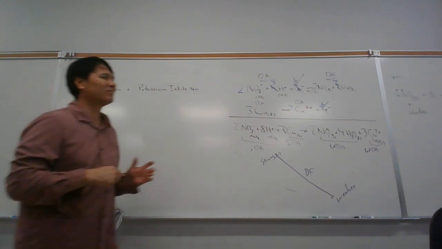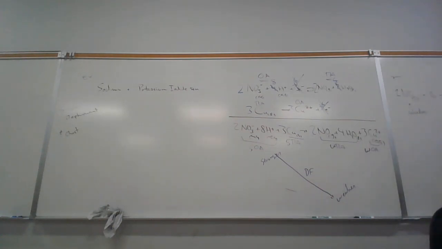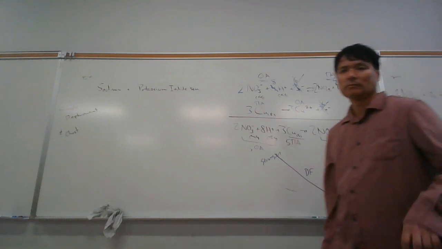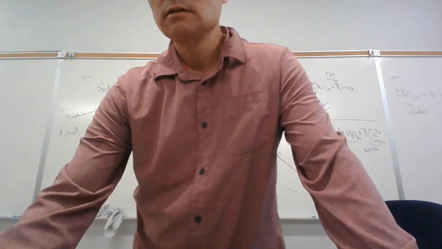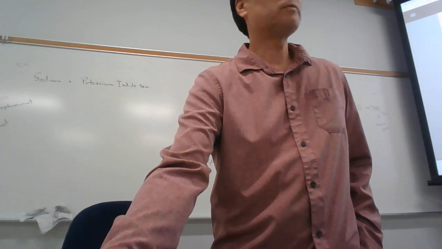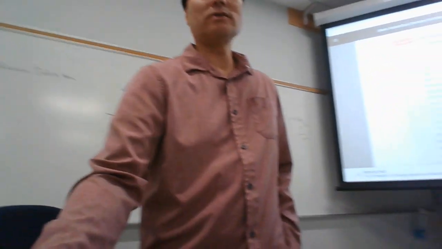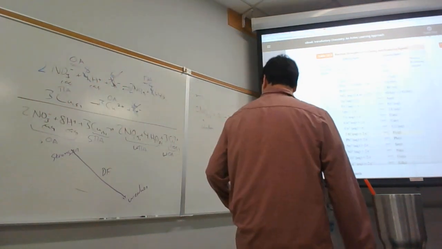If we use the chart method, this might not be the best chart here, but I'll leave this one up right now. All right, for single replacement, we usually use the activity series, which is in chapter 19 of our book.